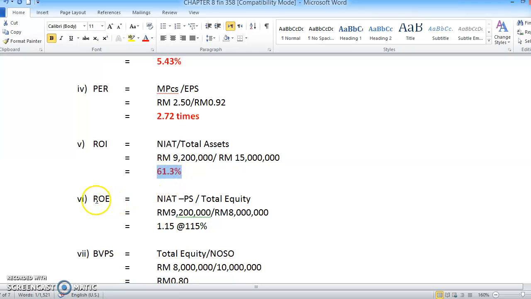Okay. Next adalah ROE, return on equity. So return on equity you have to calculate by this formula: net income after tax minus preferred stock dividend if available, divided by total equity. So in this question there is no preferred stock dividend given. So you just straightforwardly use the net income after tax bahagi dengan total equity.